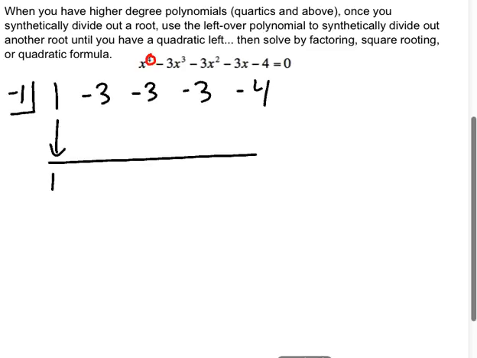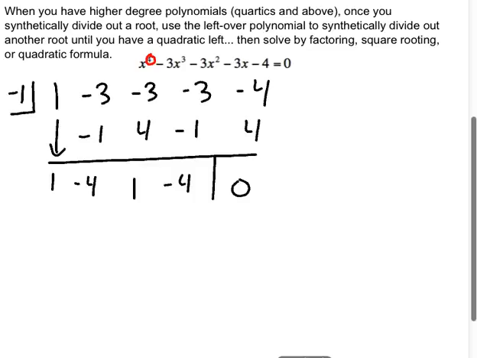So I pull down the first number, multiply, add. Multiply, then add, multiply, then add, multiply, then add. All right, so what has this done for me? Well, I got the 0 that I knew that I should because that's the solution.